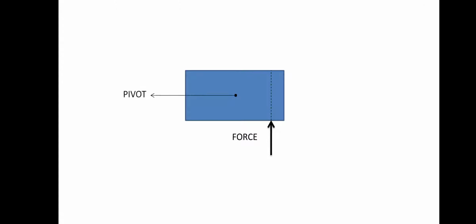Here the point where the body is fixed is called the pivot, and this kind of motion is called circular or rotational motion.